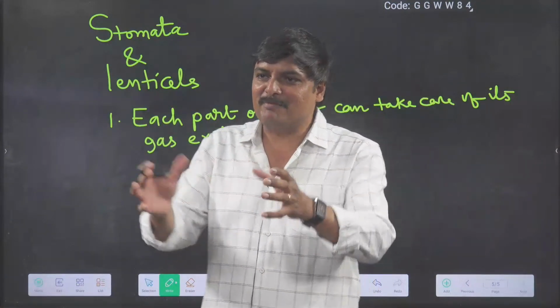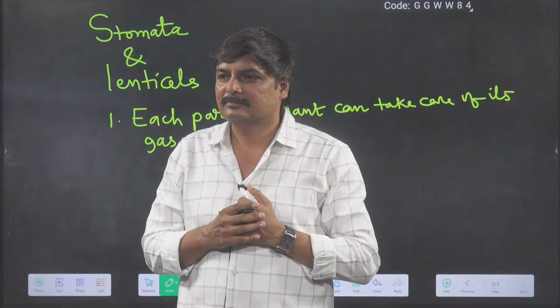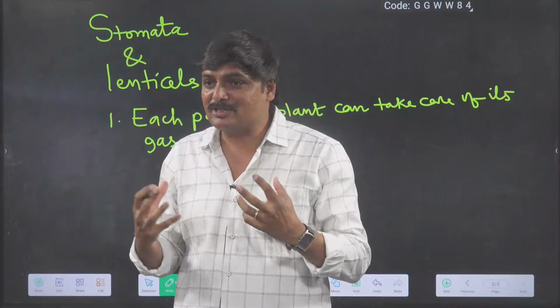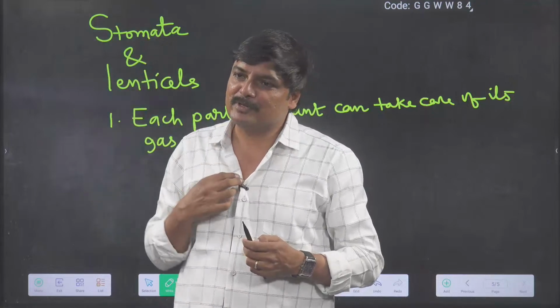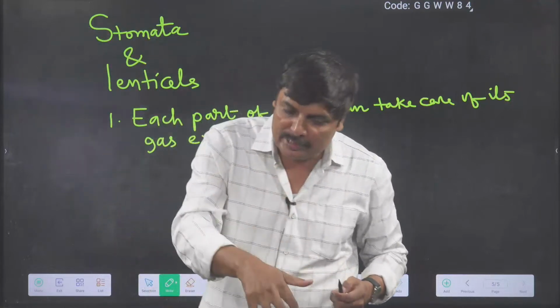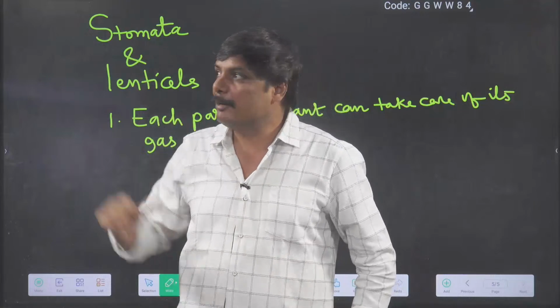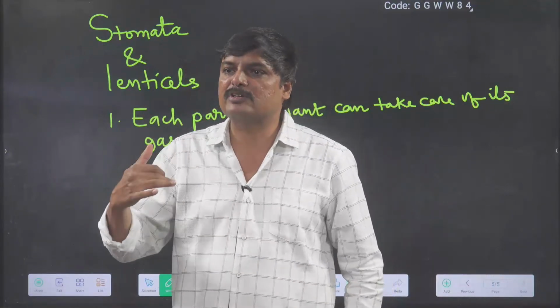Every part can manage its own respiration. A leaf can perform its own respiration. A stem part can perform its own respiration. A root can perform its own respiration. A branch can perform its own respiration. A fruit can perform its own respiration.